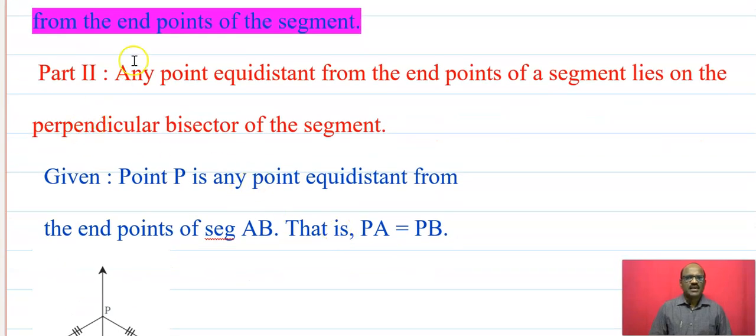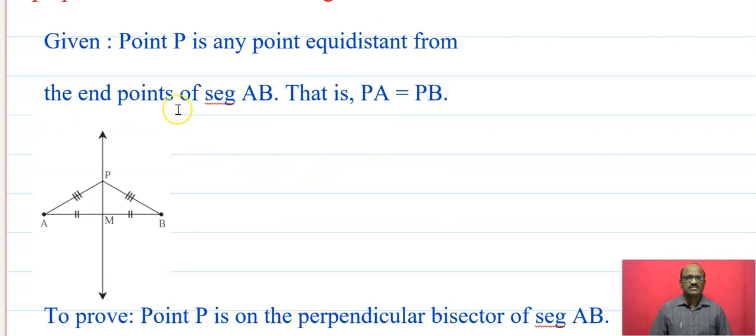Second, any point equidistant from the endpoints of a segment lies on the perpendicular bisector of the segment. Now in this case, P is any point which is equidistant, that is, AP is equal to PB, which is given.